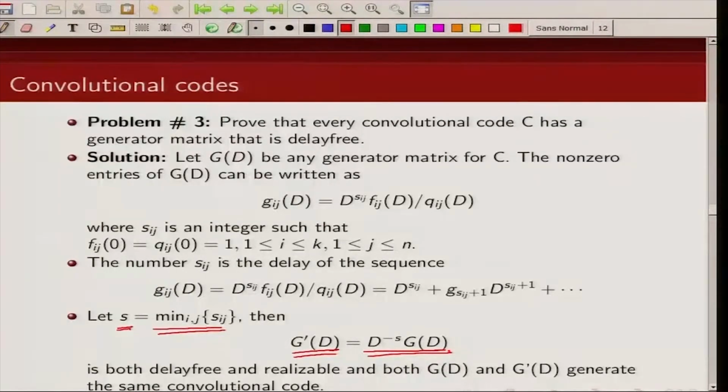It is of course realizable, and it also generates the same set of code words. So whenever we have a generator matrix which has a delay term, we can always find an equivalent generator matrix which is delay free.